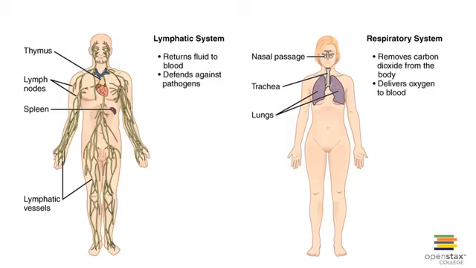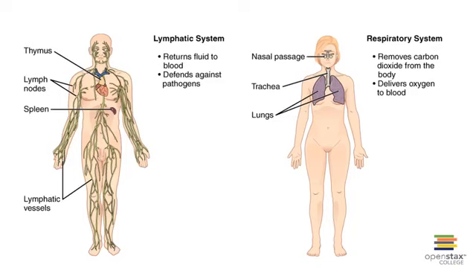So here's some examples of organ systems that we will study throughout your course in Anatomy 1 and in Anatomy 2. The lymphatic system. The lymphatic system is composed of lymph nodes, spleen, thymus gland, bone marrow, and tonsils.